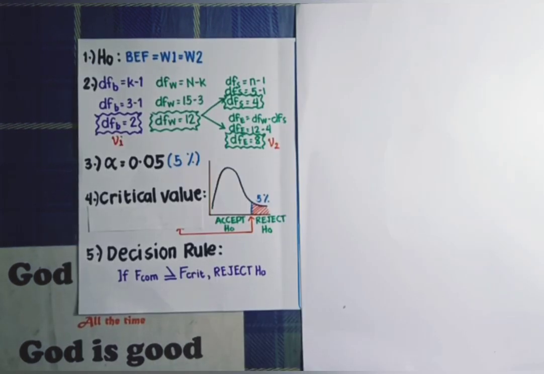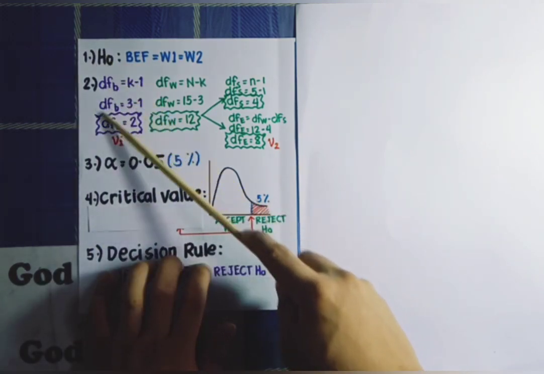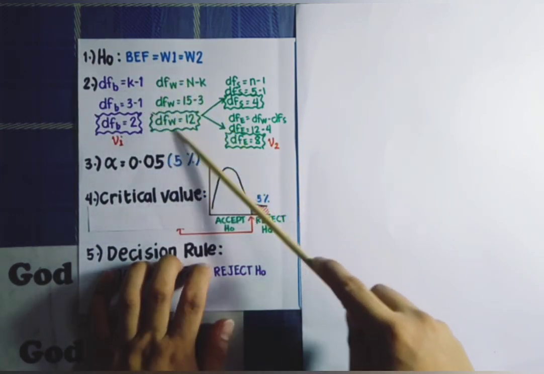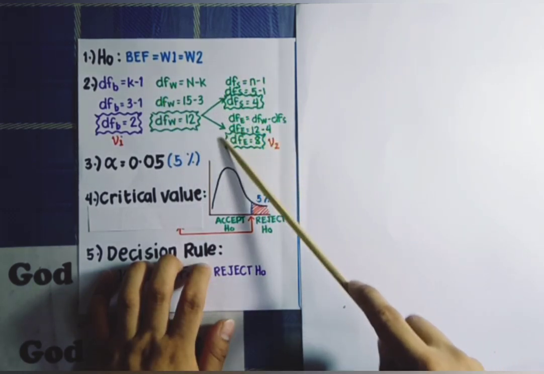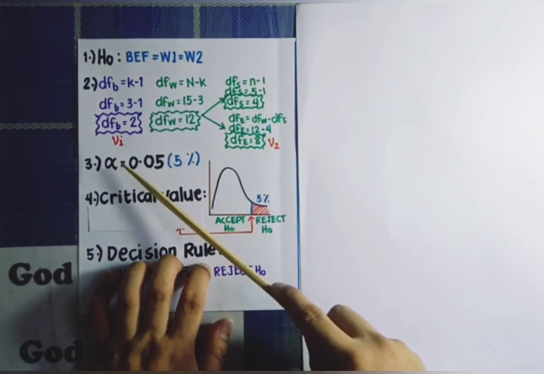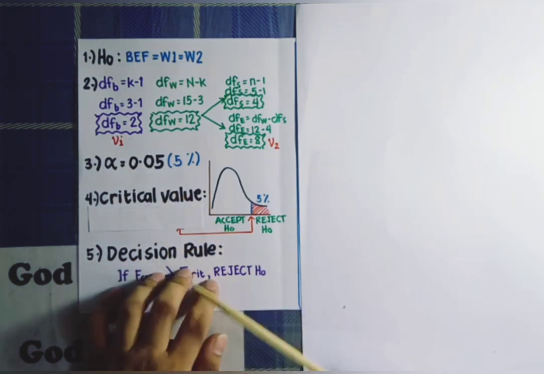Now, the next things that we are going to do are to determine our null hypothesis, the degrees of freedom between the group, the degrees of freedom within the group, the degrees of freedom for subjects, the degrees of freedom for error, our alpha level or level of significance, the critical value, and our decision rule.